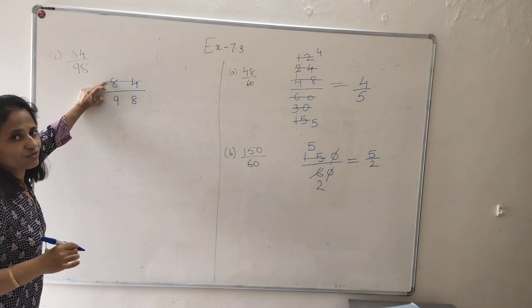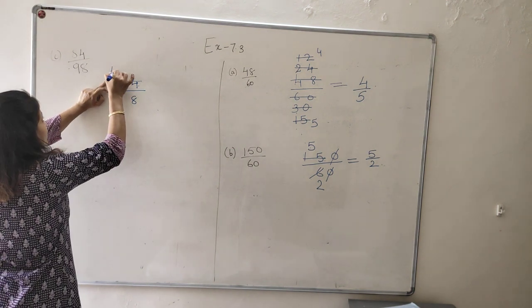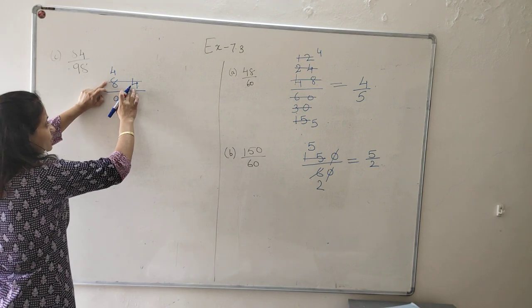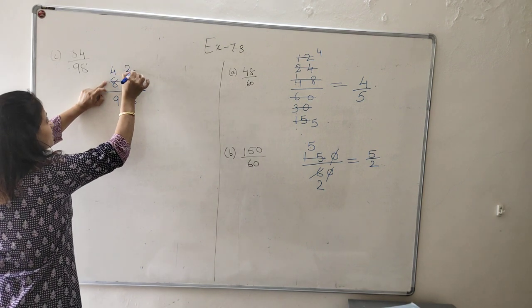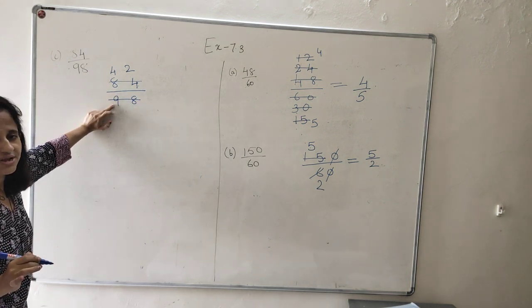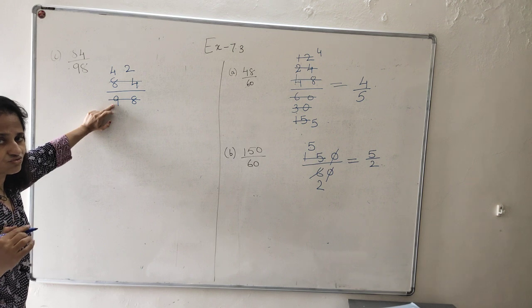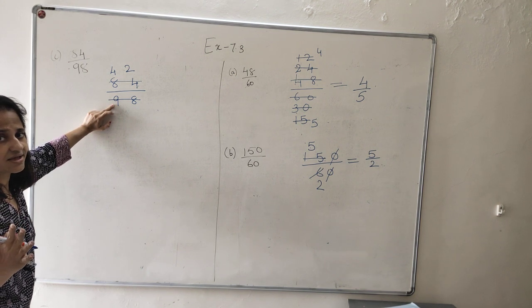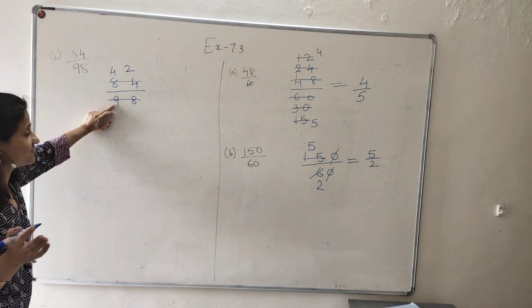Now read the table of 2 till 8. 2 4s are 8. 8 minus 8, 0. 0 you cannot give to neighbor. Neighbor is 4. 2 2s are 4. Cut. Now read the table of 2 till 9. 2 1s are 2. 2 2s are 4. 2 3s are 6. 2 4s are 8. 2 5s are 10. 10 is bigger.